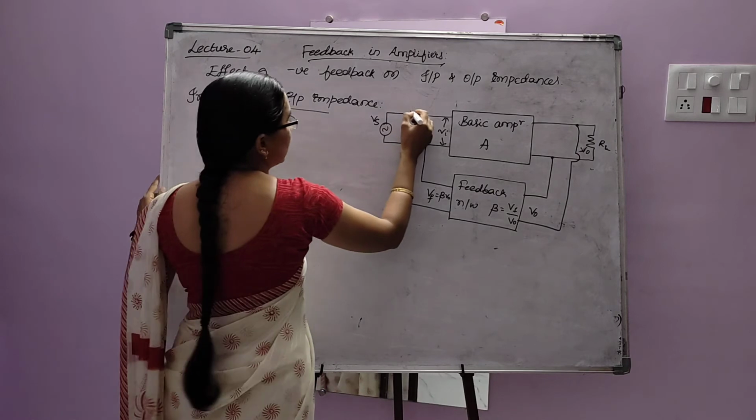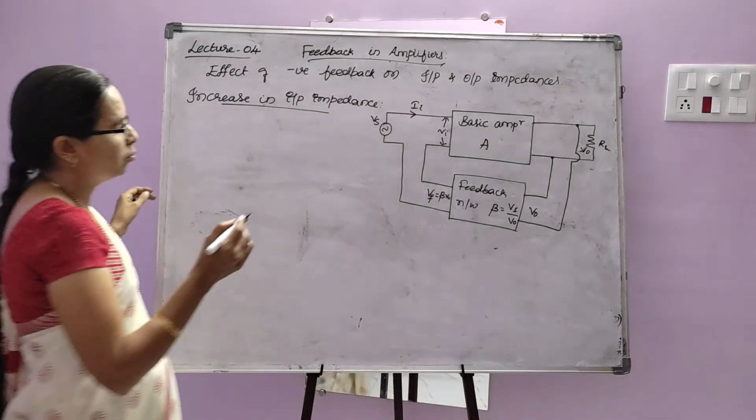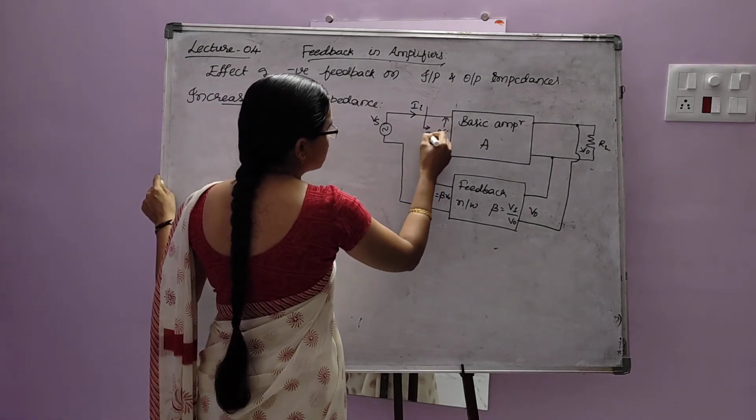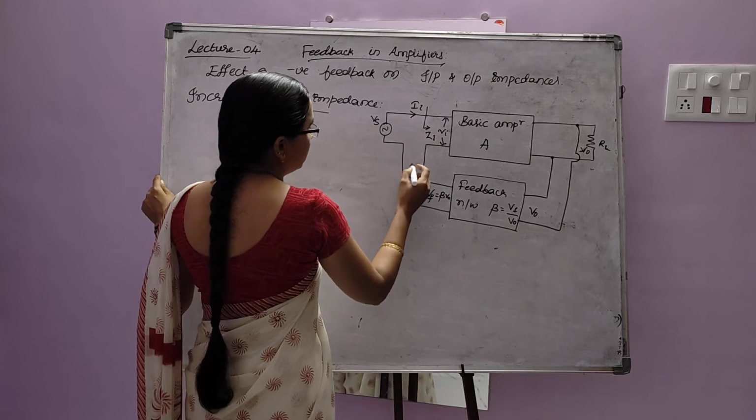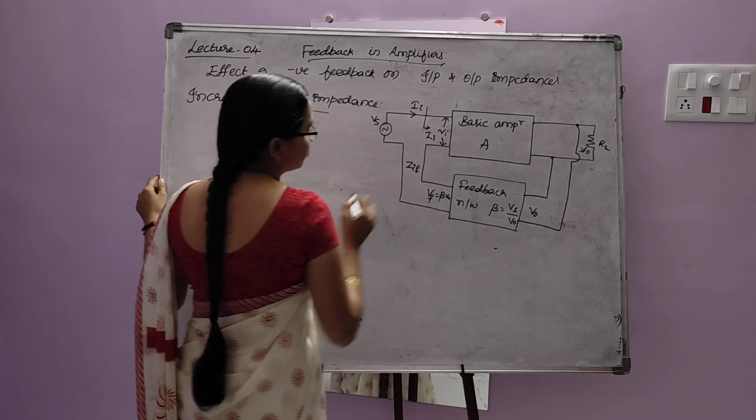Here the current Ii is flowing. Input impedance means, here I will take input impedance, that is Zi. Here if you take, it is Zif.